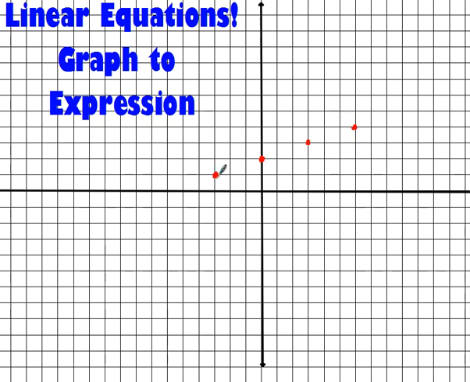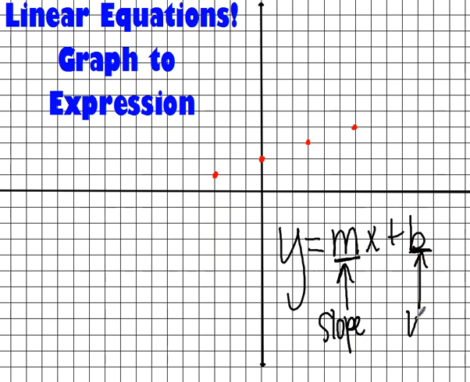All right. So what we need to fill in is y equals mx plus b, where m is your slope and b is your y-intercept. Okay? Again, m is your slope, b is your y-intercept. I think that b is the one that is the easiest to do. All you have to do is look at the graph for where your y-intercept is.